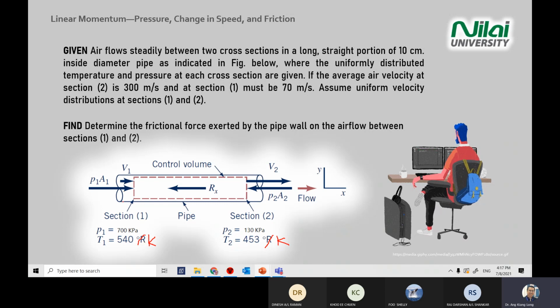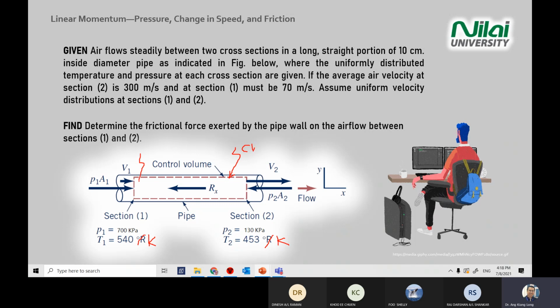All right. If you look at the diagram, we actually have a pipe, and normally when you deal with control volume analysis, the first step you look for is your control volume.